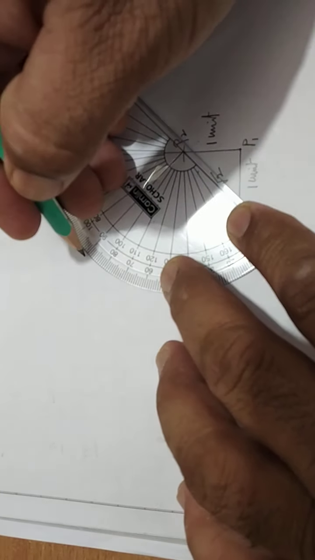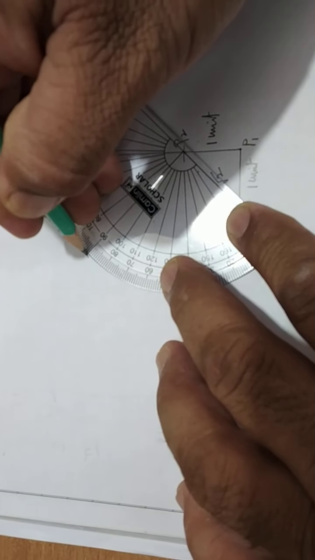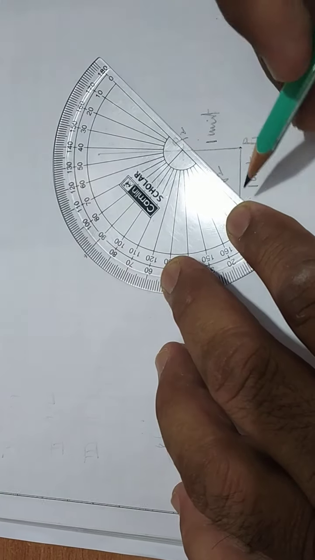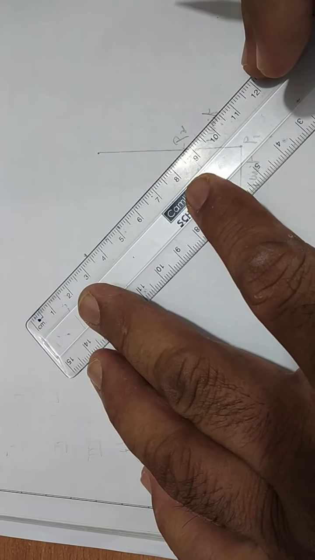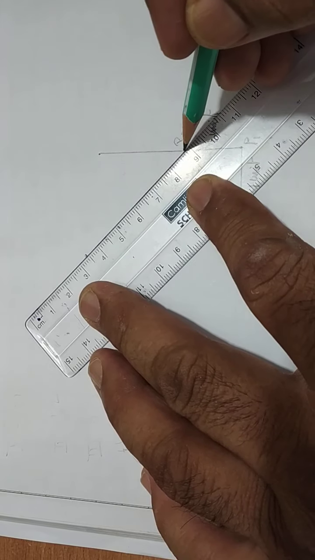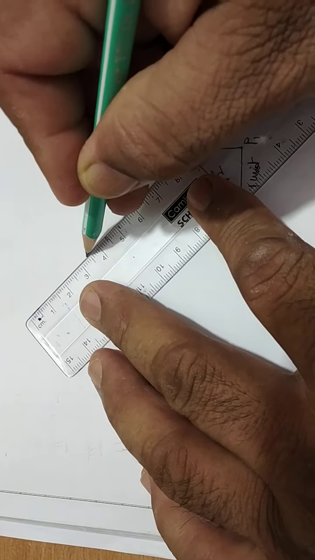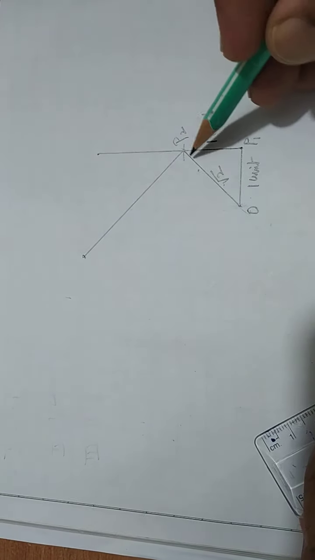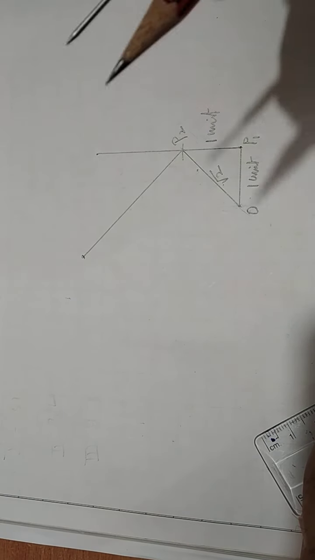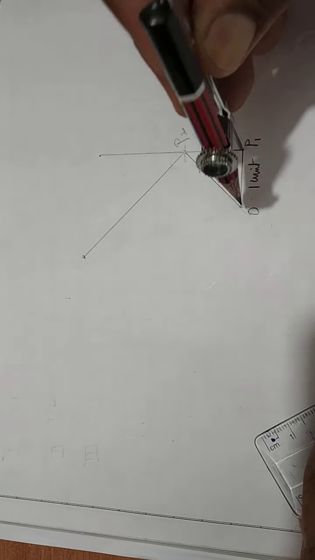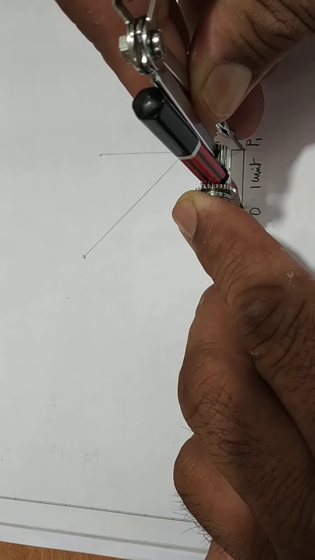and again draw a right angle from this line OP2. So this is the vertical line from this OP2, and you already have this compass in which you have measured 1 unit.